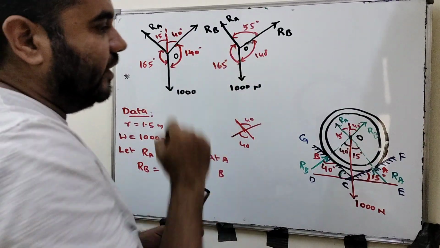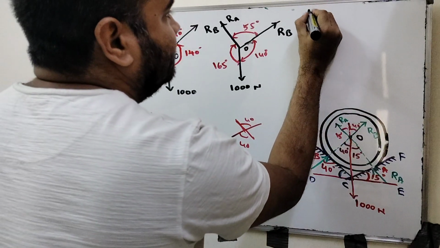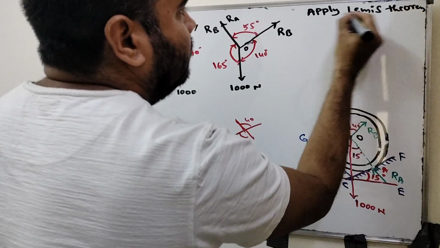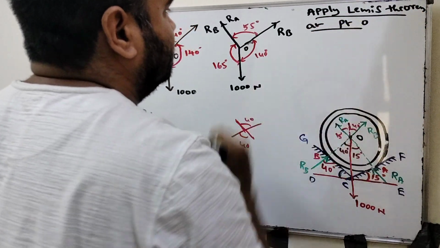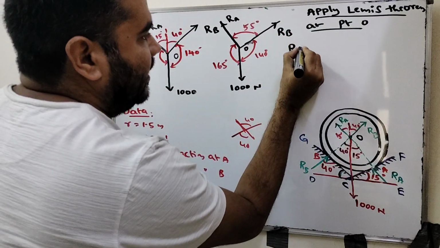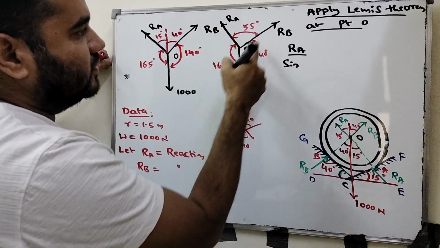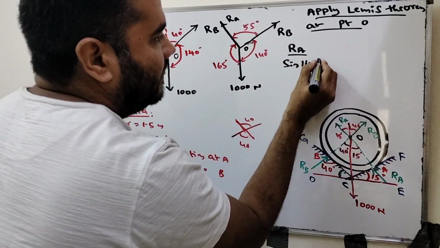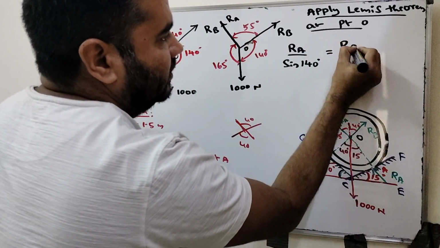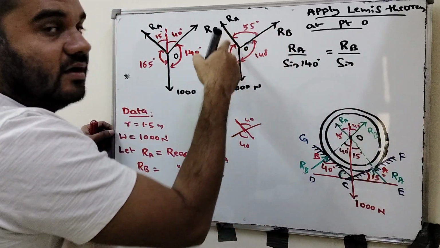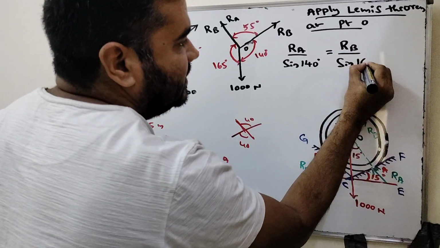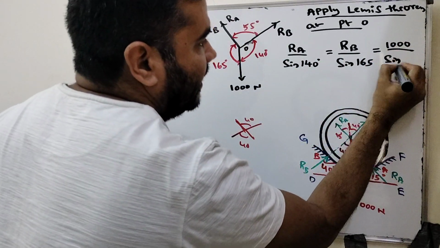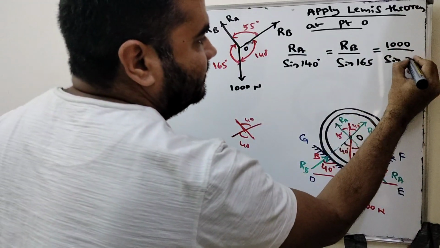Now can I apply Lami's theorem at point O of the cylinder? Apply Lami's theorem at point O. RA divided by sine of the angle between the other two forces, 140 degree, equal to RB divided by sine of the angle between the other two forces, 165, equal to 1000 divided by sine of the angle between the other two forces, RA and RB, 55 degree.